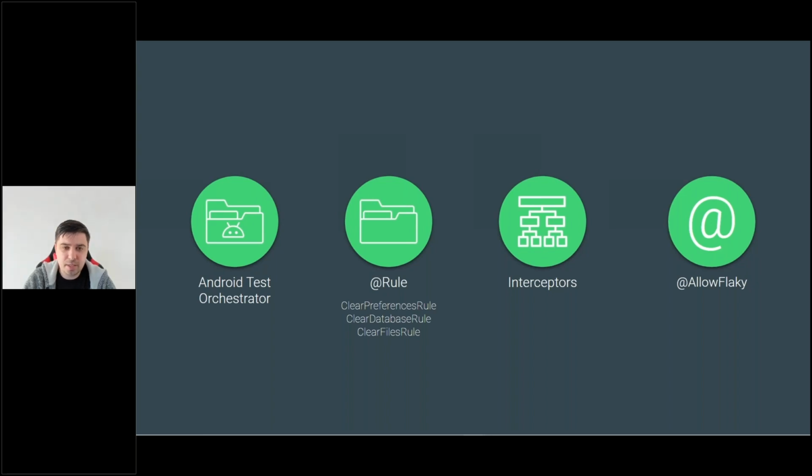We can create rules which will clear shared preferences, databases, and much more. We also can use interceptors if we use such a framework, or we can add an interceptor approach to our domain-specific language if we use it. And some frameworks use annotations like allow flaky, or you can create your own for your own environment.